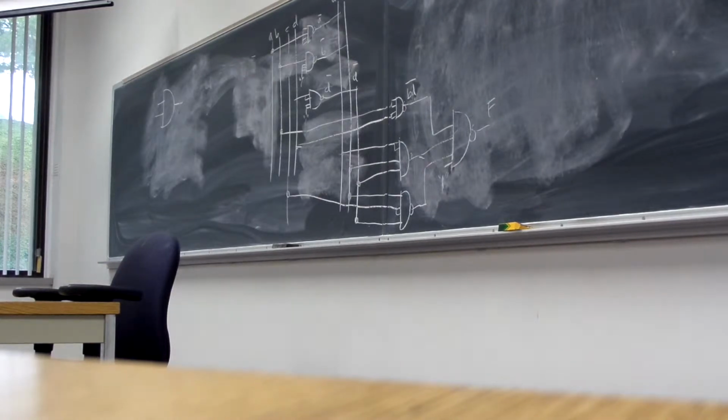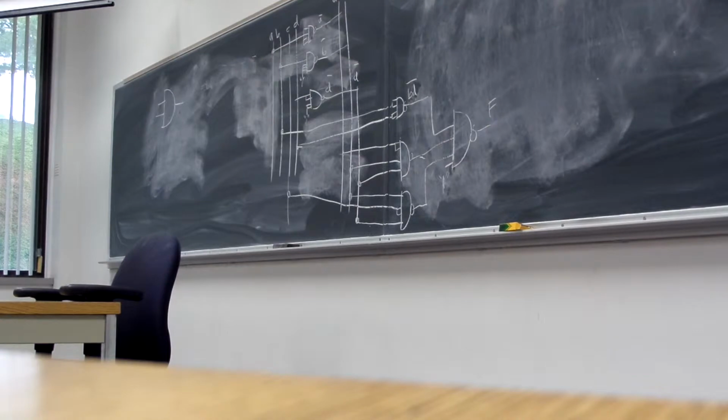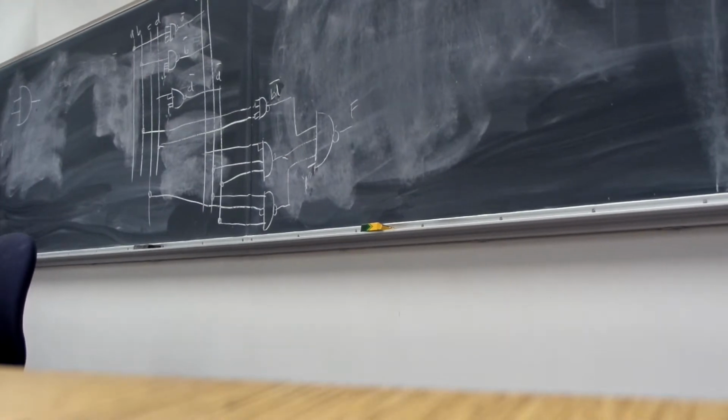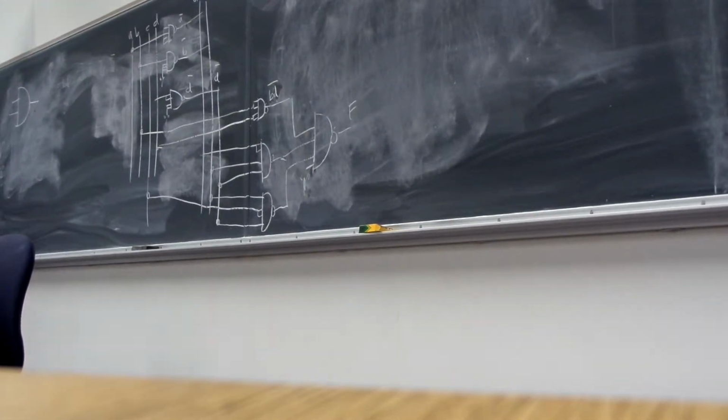Well, I could tell you that the physical attribute is pressure. Okay? 4 psi is going to correspond to logic level 1, and 0 psi is equal to logic level 0.